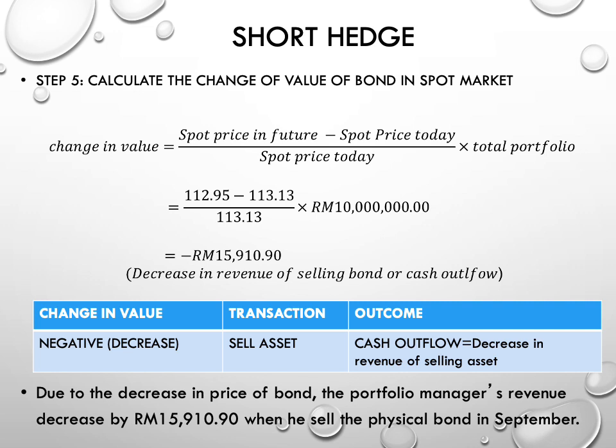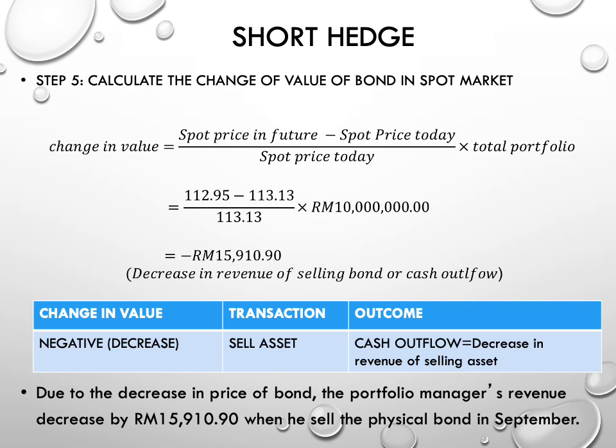So this change in value, you must identify whether it's a cash inflow or cash outflow. Based on the value, whether it is a decrease or increase, and then you must look at your transaction in spot market. So for this example, you calculate change in value, you get negative value. That means value decrease.